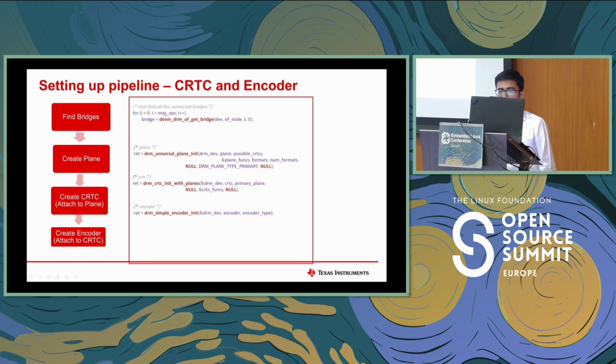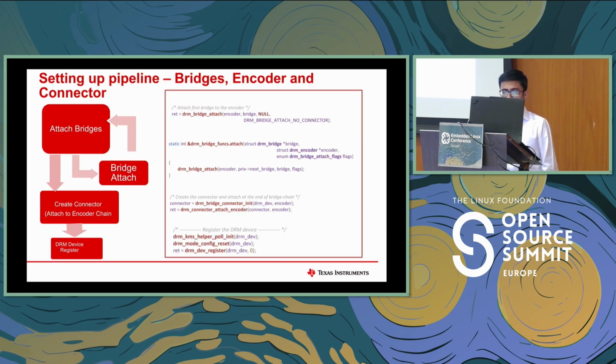Now for each bridge that is found, we initialize at least one plane, mark it as a primary plane, and create one CRTC with that primary plane. We also create an encoder structure, and we attach the bridge pointer that was found using the device tree topology to the encoder using the DRM_BRIDGE_ATTACH_NO_CONNECTOR flag, and then we call the attach API iteratively.